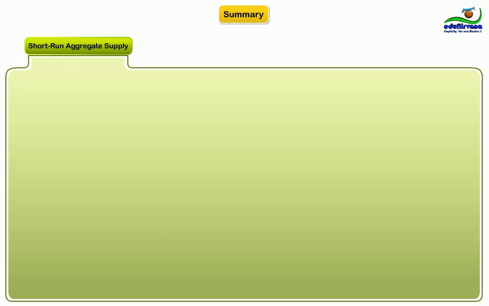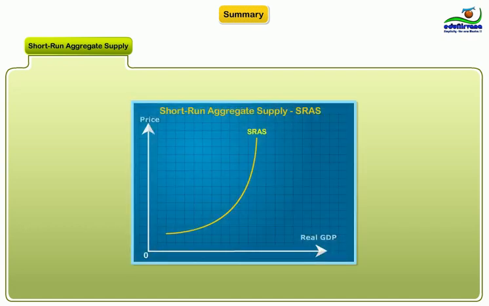Then, the short-run aggregate supply was discussed. A short-run aggregate supply SRAS curve shows the quantities supplied of all goods and services, real GDP or output, at different price levels. The SRAS curve is upward sloping. It was also discussed why the SRAS curve is upward sloping.